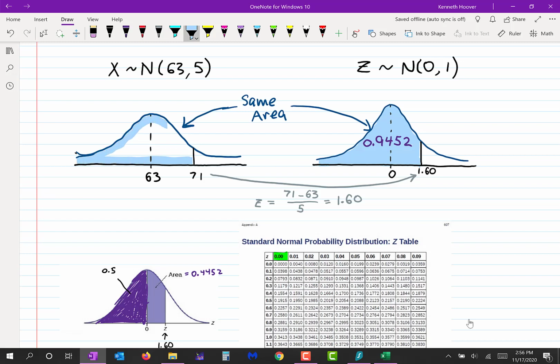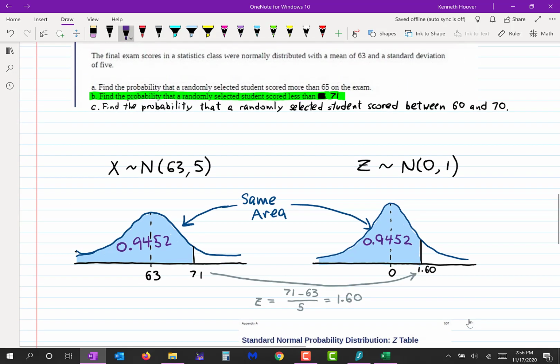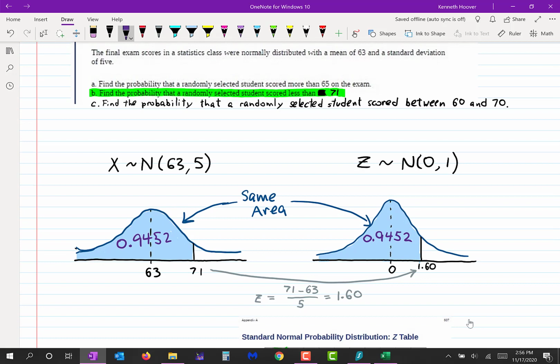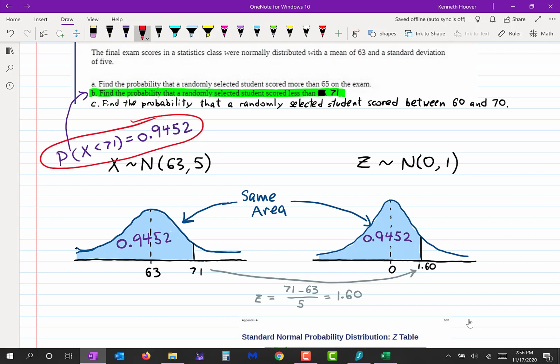That's the magic of the z-score formula. So that means our area is also 0.9452. So I can say the probability, let's scroll up here to the question, the probability that x is less than 71 equals 0.9452. And that's my answer for part B.